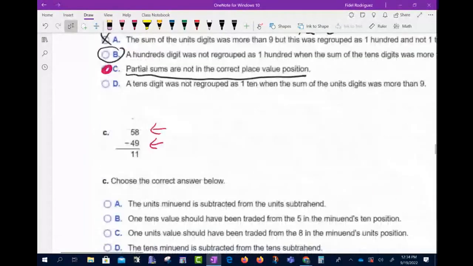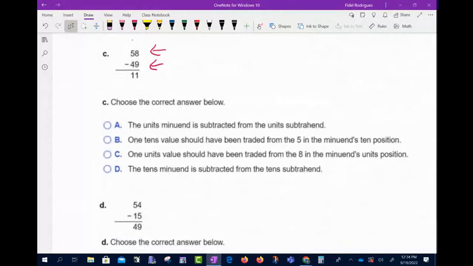Here we go. Okay. Remember, the first number is the minuend, and this is the subtrahend. I want to know that because in looking at my choices here, I see some of those things appearing in my answer choices, okay?